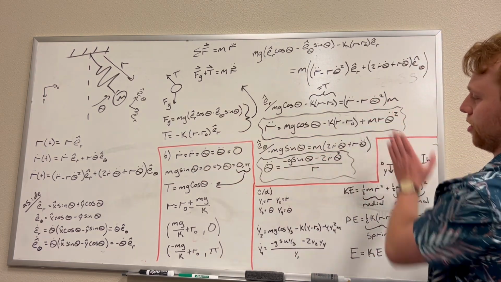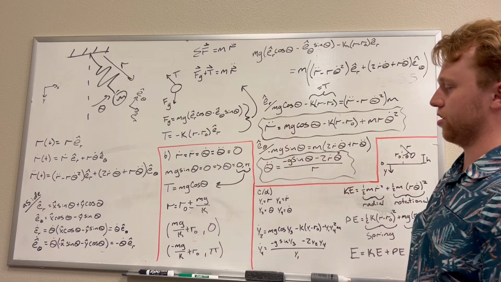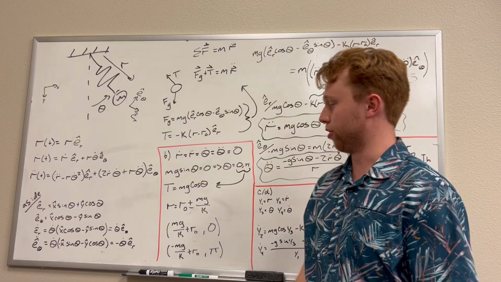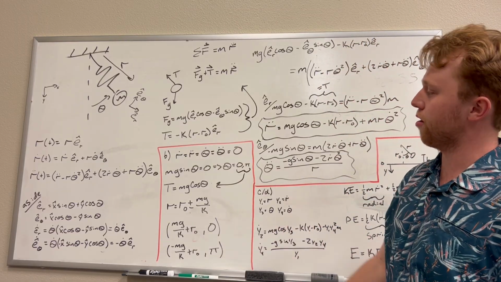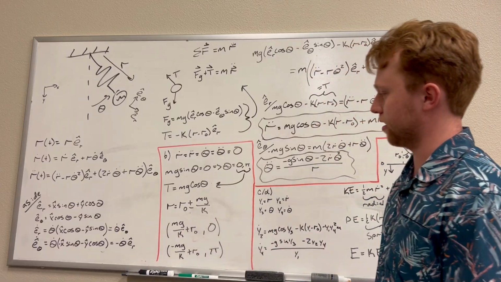This whole side of the equation goes away, and you're just left with negative mg sine theta equals 0. The negative mg doesn't matter because it'll never be 0, so you're only interested in when sine theta is equal to 0, and that only happens at 0 and pi. So intuition and math are lining up, that's good.